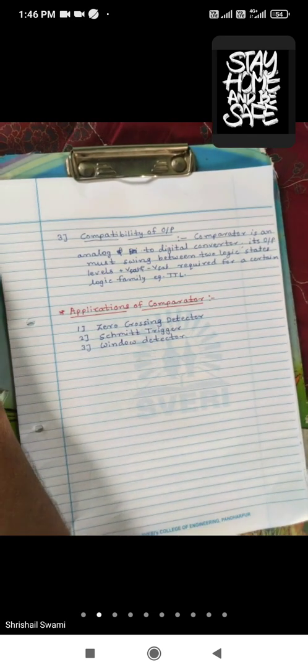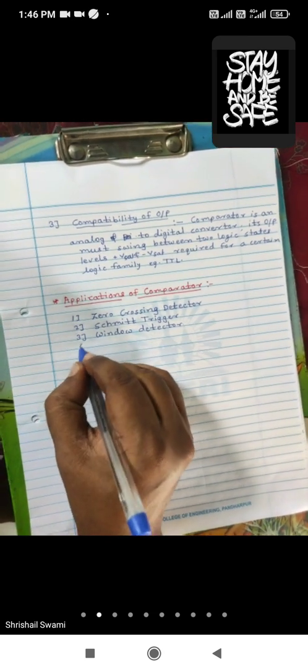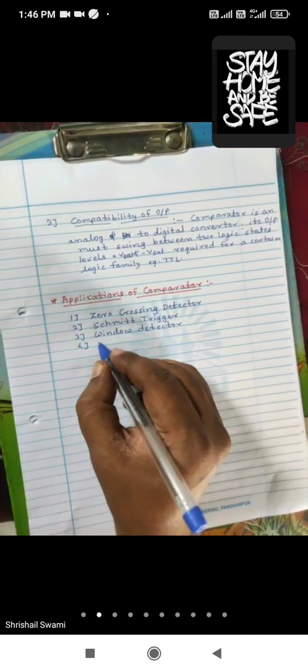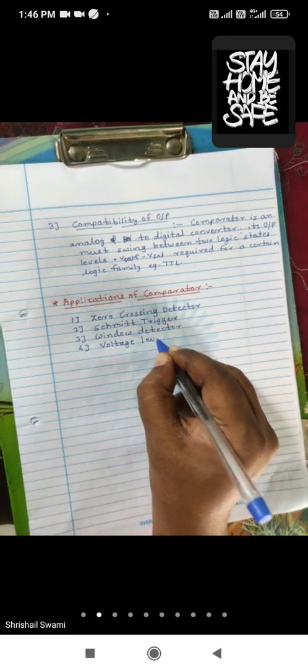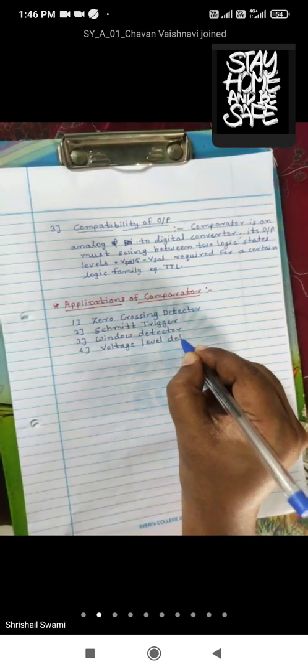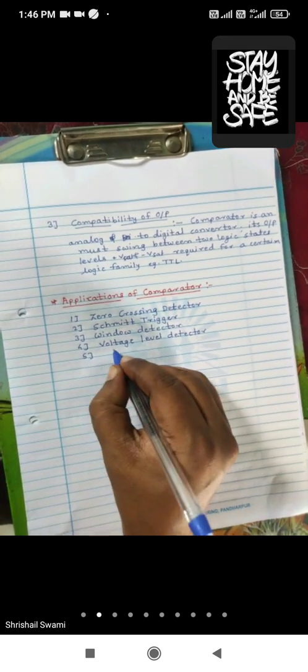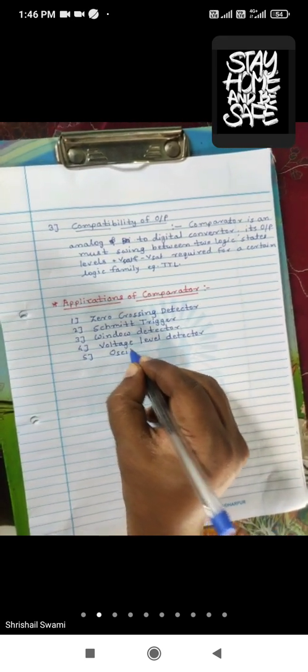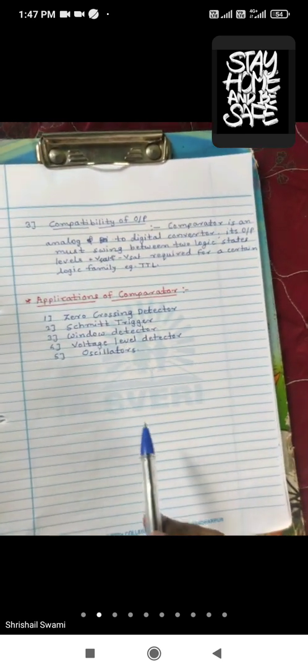Fourth one is voltage level detector. Fifth one is we can use it in oscillators. So number of applications are there.